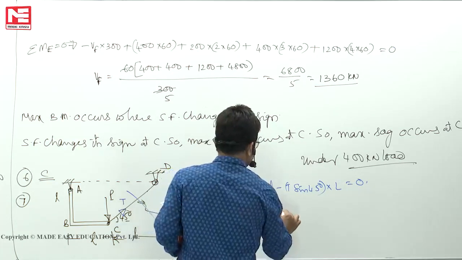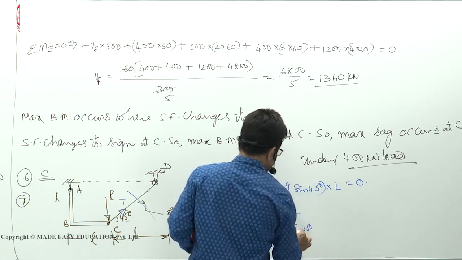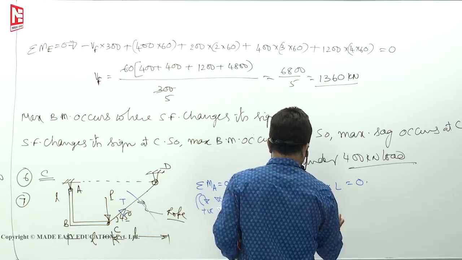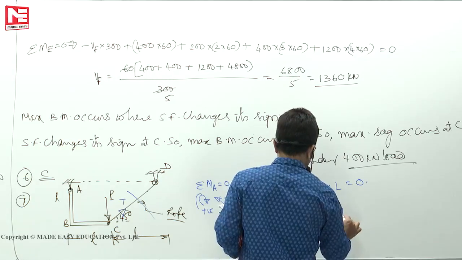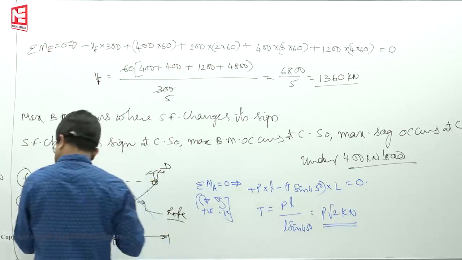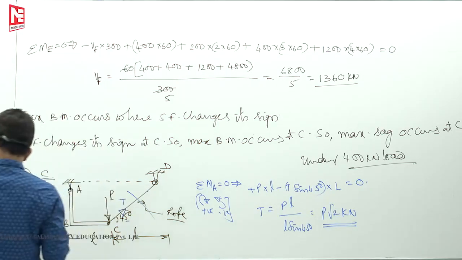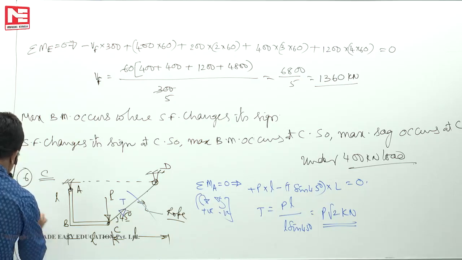So T is equal to PL by L sine 45. L cancels, sine 45 means 1 by root 2. That means P root 2 kilonewton. So seventh question, root 2 P. So seventh is D, the option.